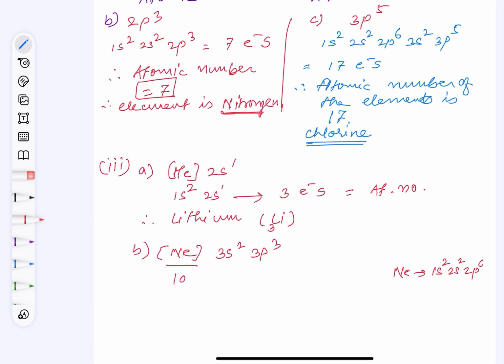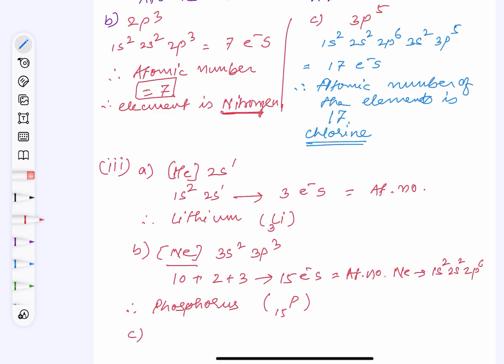You have 10 plus 2 plus 3. So you are having 15 electrons overall. Therefore atomic number will be equal to 15. So which element has 15? Phosphorus. So the element is phosphorus. We represent phosphorus as P merely in symbolic representation, writing its atomic number below, which is 15.